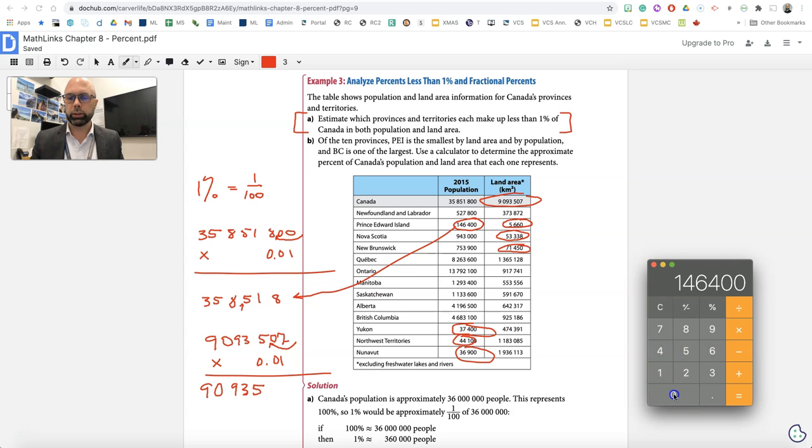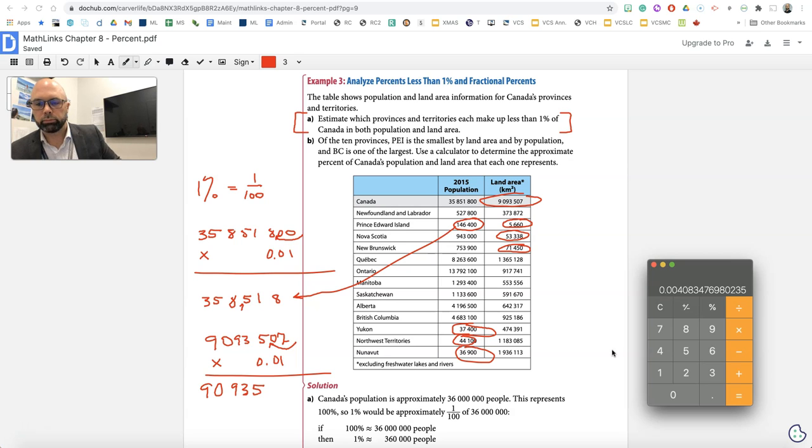146,400 divided by total population. I want to make sure I'm doing this in the right order. 35,851,800. So that would be 4%.